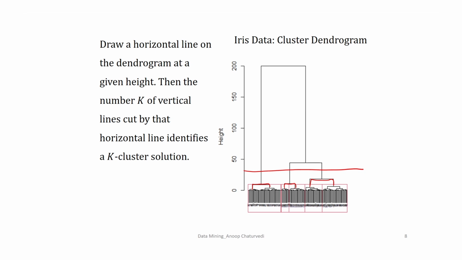So, ultimately you get 3 clusters, or if you draw a horizontal line here, then you have 2 clusters. So, the number k of vertical lines cut by that horizontal line identifies a k cluster solution.